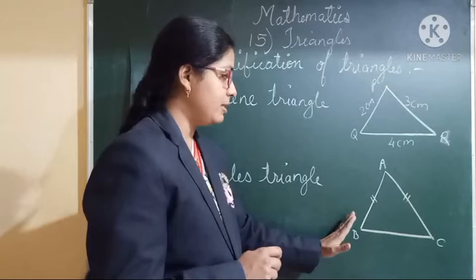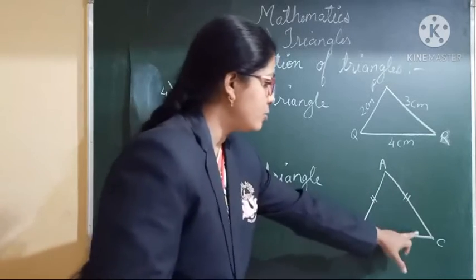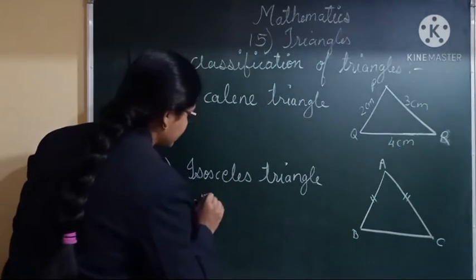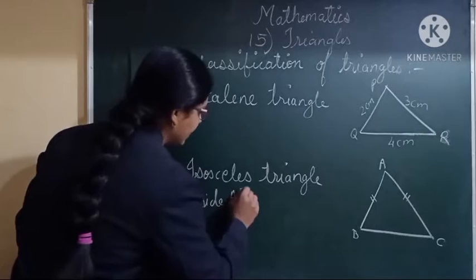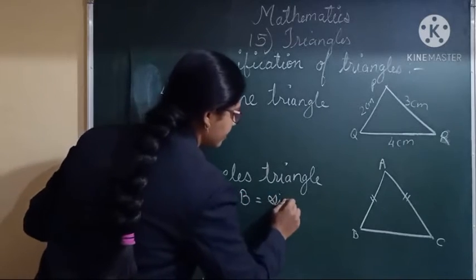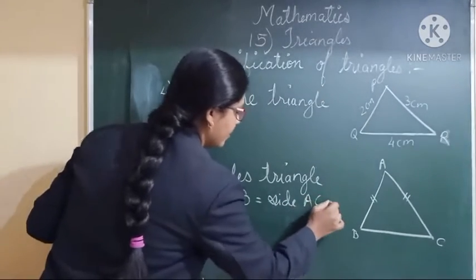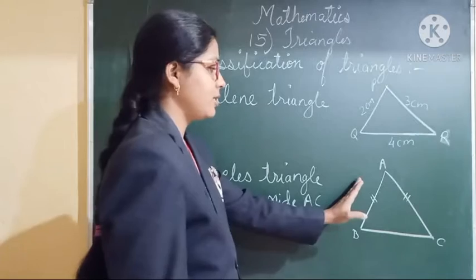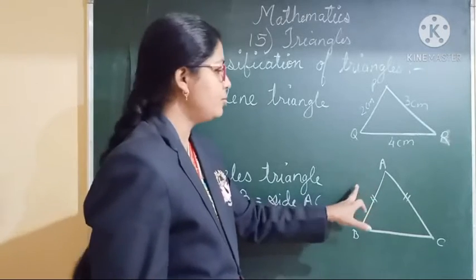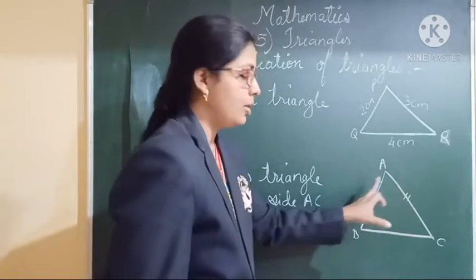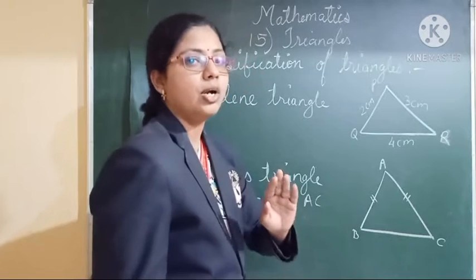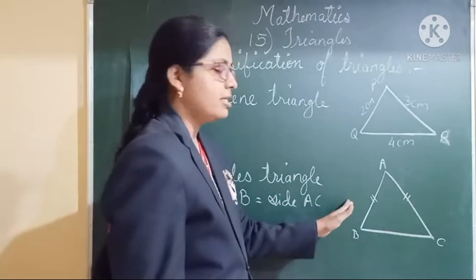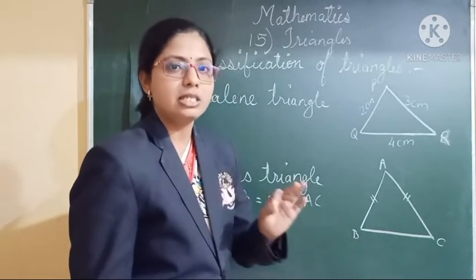In this triangle ABC, AB is equal to AC. So side AB is equal to side AC. In this isosceles triangle, always keep in mind two sides are equal, and the third side is not equal. So this is known as an isosceles triangle.